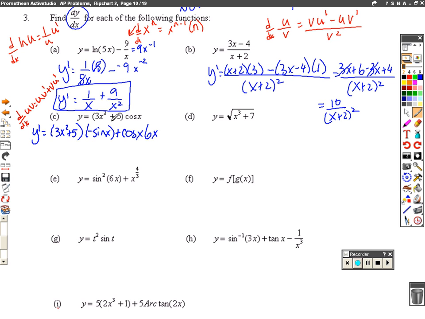So let's just plug it all in. Y prime. You can multiply this out if you want. You don't have to. In fact, I think it's easier. I'm going to write this up front. 6x cosine of x minus this product, which is going to be sine of x times 3x squared plus 5.